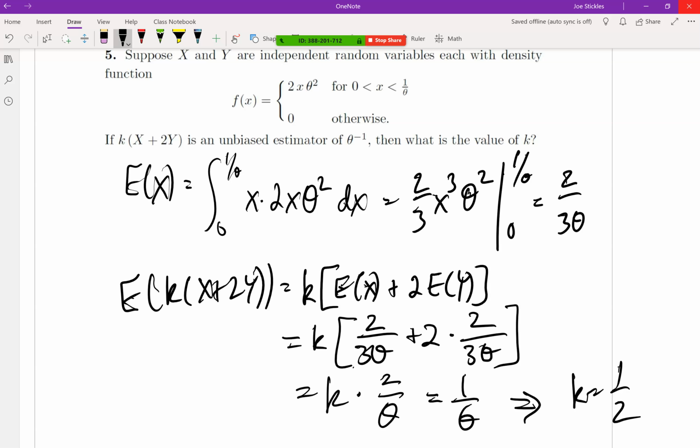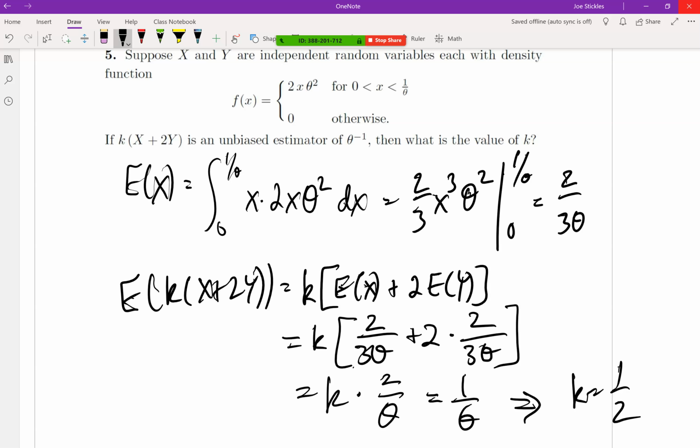Just to recap here, the first thing we did was figure out the expected value for one of the variables before I even tried to get into the expected value for both of them. Did that first, and then it's asking for an unbiased estimator using that particular computation.